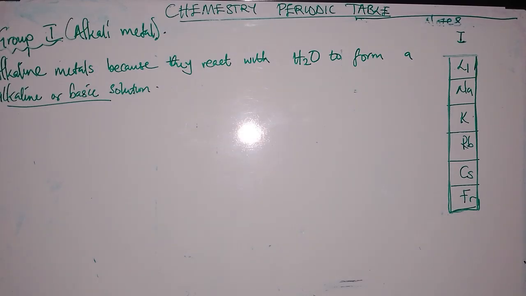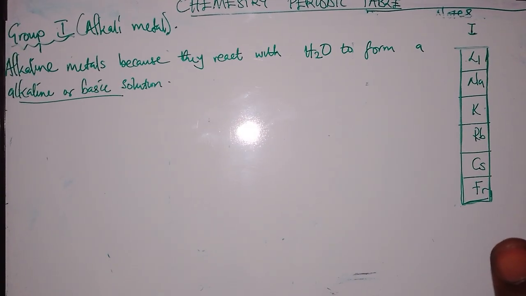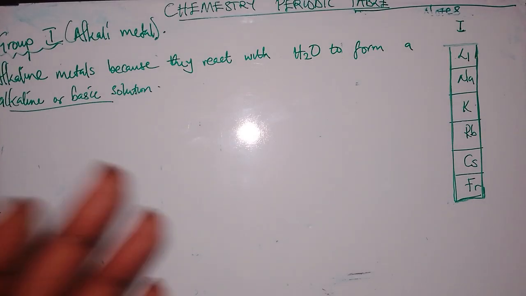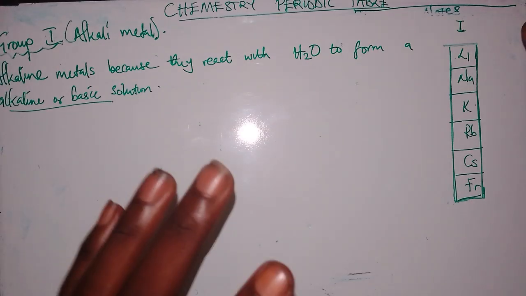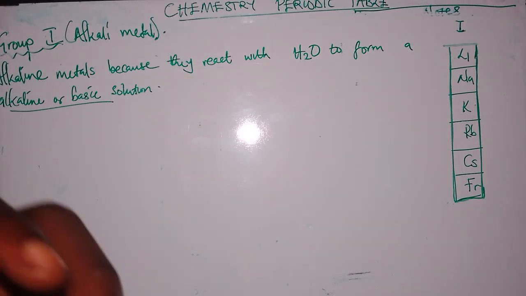These are the elements you find in the periodic table in group 1. You don't need to memorize each and every element, because the periodic table is always given to you.